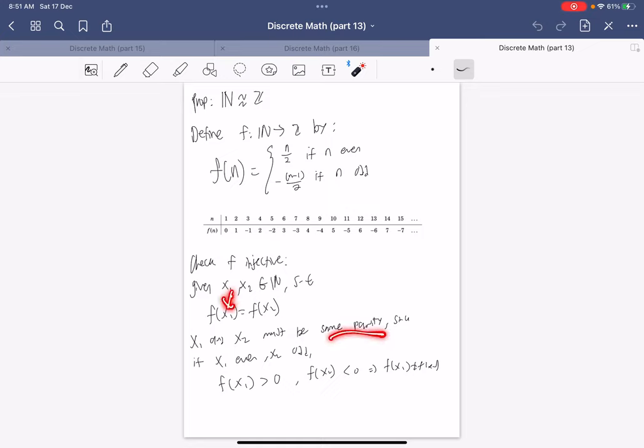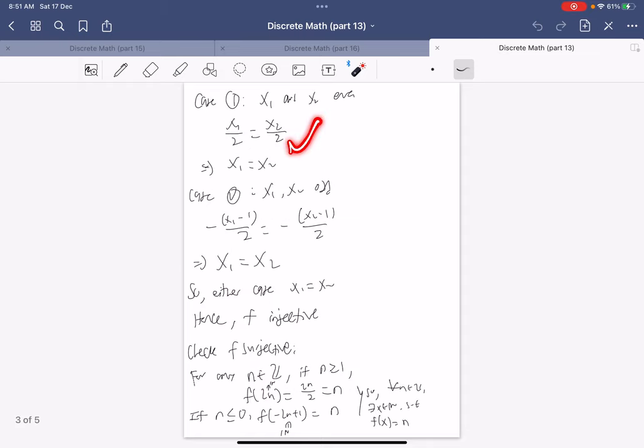Because if x1 is odd and x2 is even, then one output will be negative and the other positive, and that can't happen. Hence, either they are both even or they are both odd. If they are both even, they fall into the same case of the function, and so x1 equals x2. If they are both odd, they again fall into the same case, and so x1 equals x2 again. Hence, f is injective.